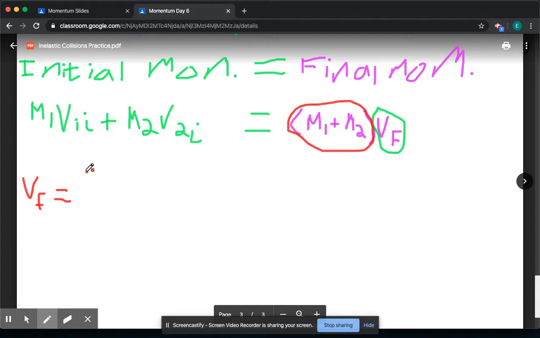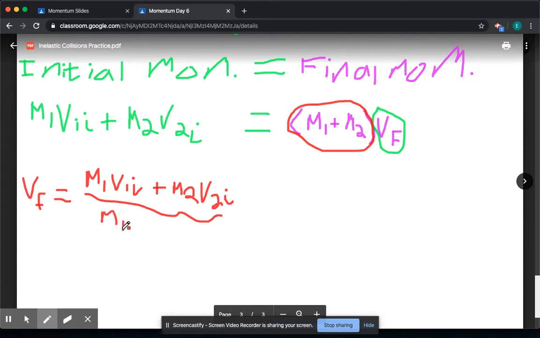So we get that VF is equal to M1 V1I plus M2 V2I, all that divided by M1 plus M2.